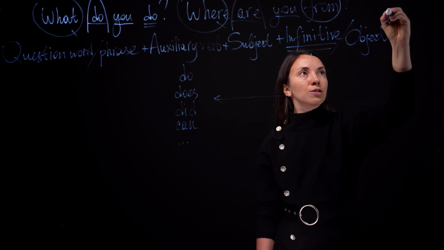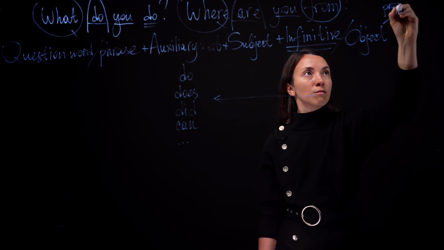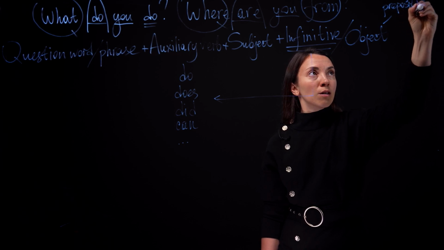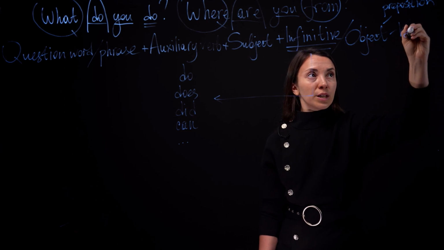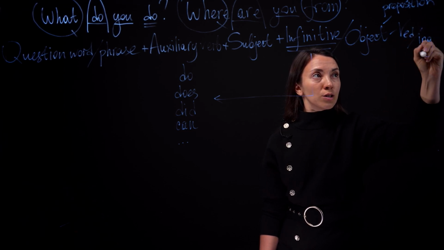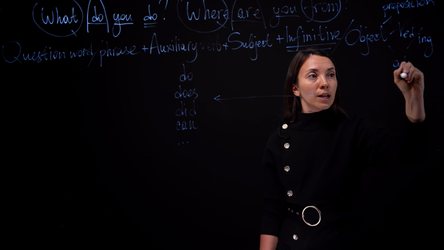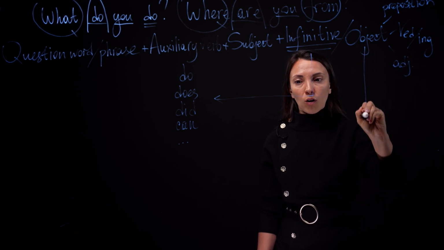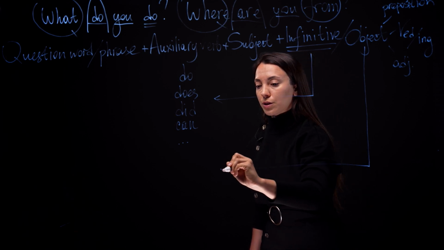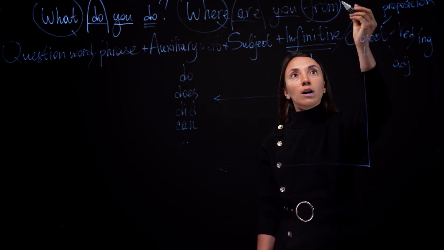And object. What can be an object? For example, like here, it can be a preposition. It can be a verb with ed or ing. And it can be an adjective. All right, when we have object, which auxiliaries will we use here?